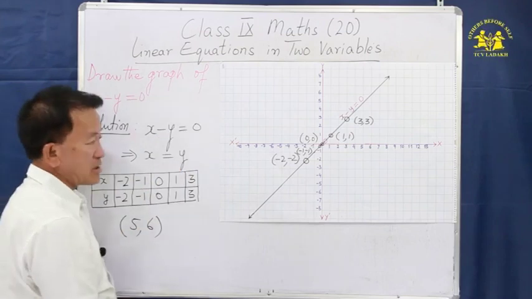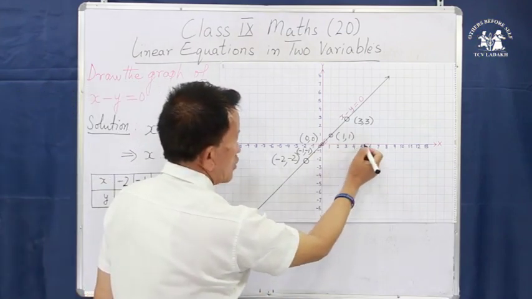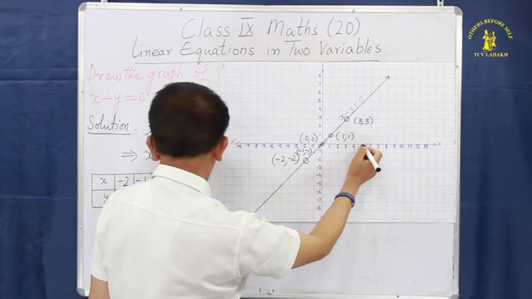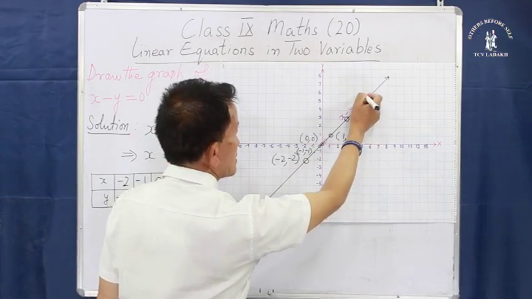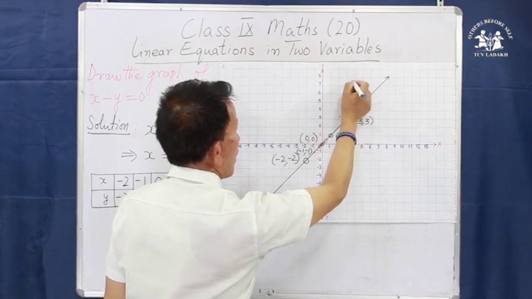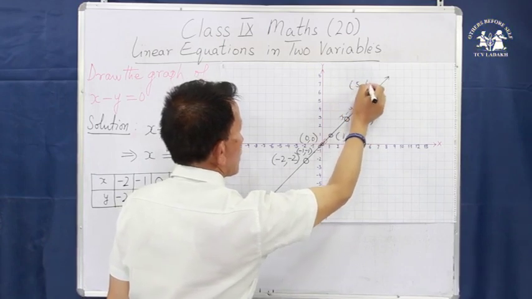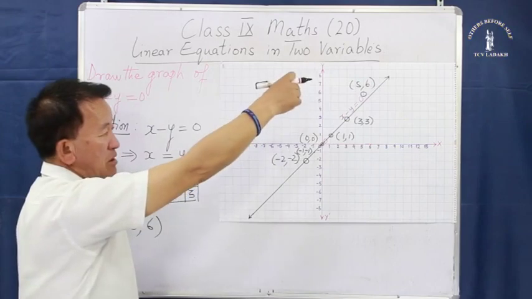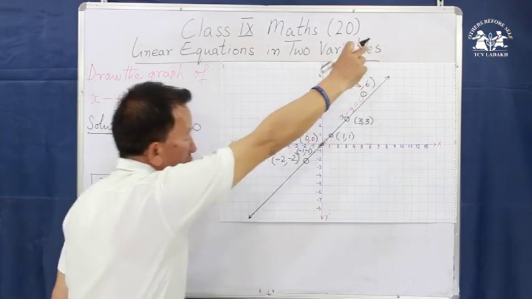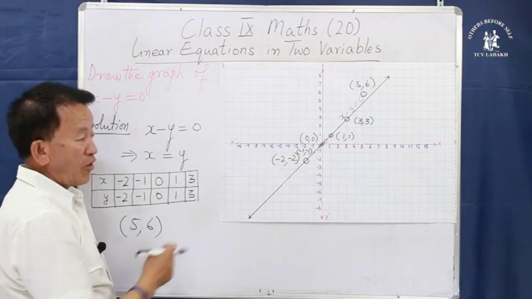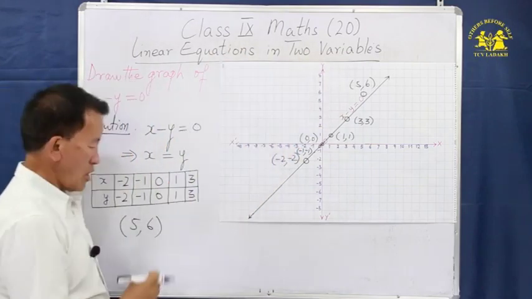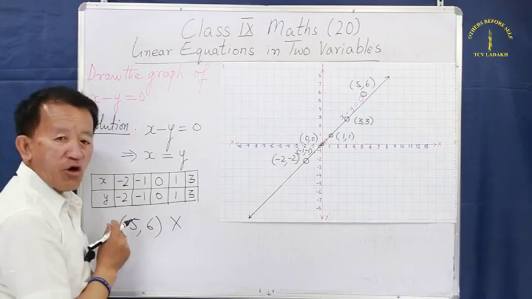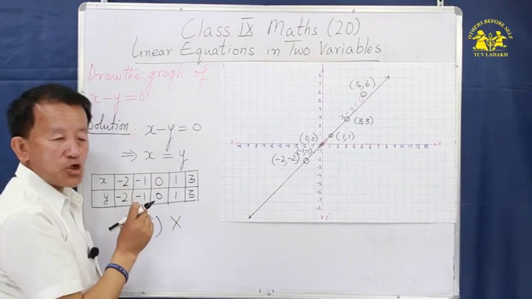So let's look at x is equal to 5, y is equal to 6. Since this point does not lie on the line of the equation x minus y, therefore this is not a solution of this linear equation.